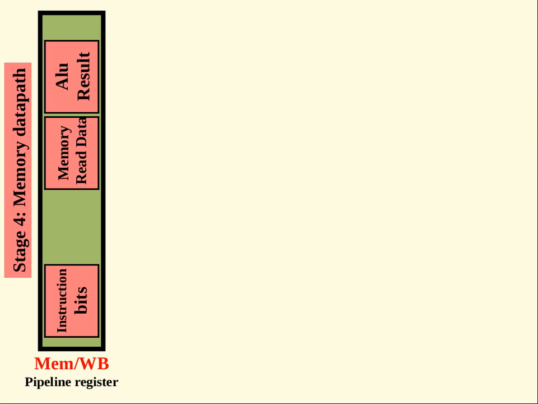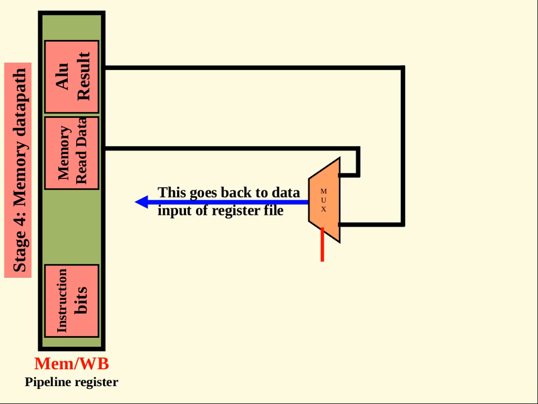What do we do first? Remember the instruction has to go through the mux. What are we using the mux for?